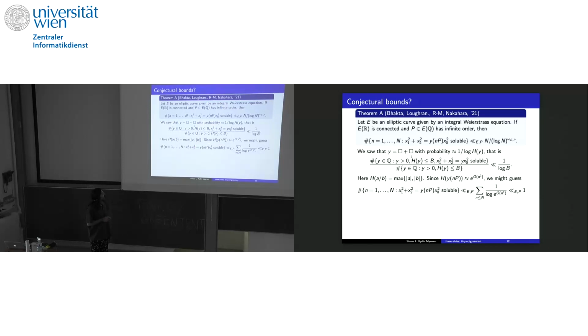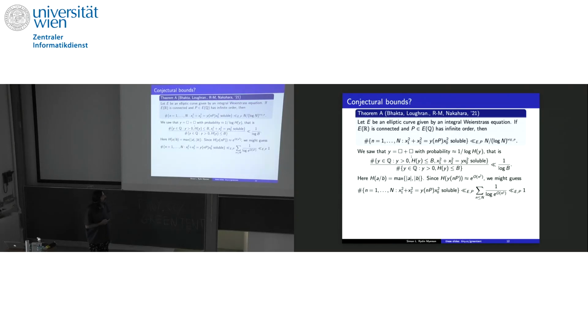And so we might guess that this count looks something like this. The probability that this conic is soluble might be around 1 on the logarithm of this naive height. And if we sum that over little n going up to capital N, this is summing 1 on little n squared, big O of 1.